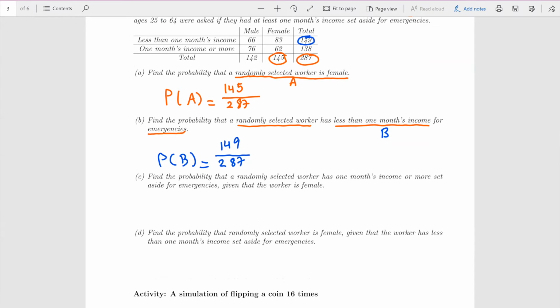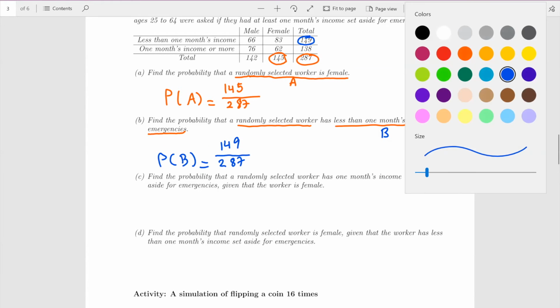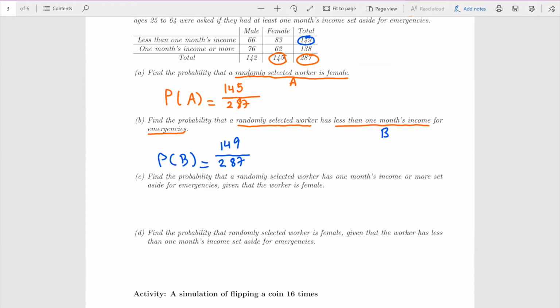C. So find the probability that a randomly selected worker has 1 month's income or more, given that the worker is female. So I call this event C. So the probability of C is, first the event is the worker has 1 month's income or more, which is right here, given, right?